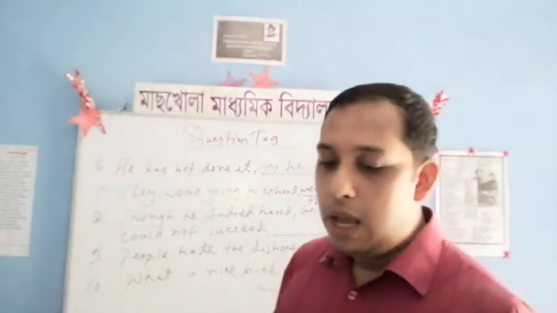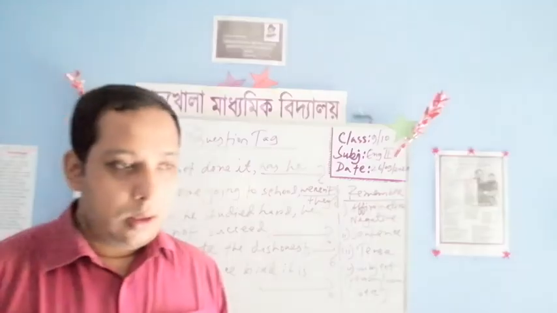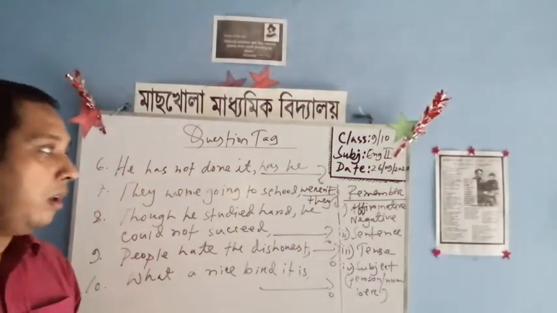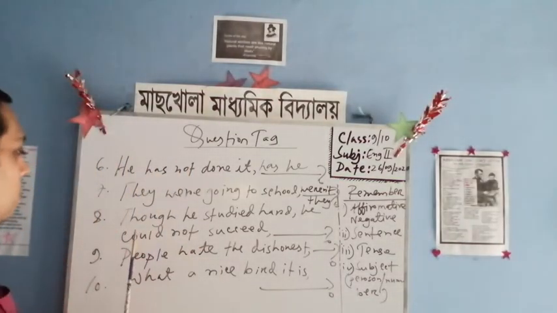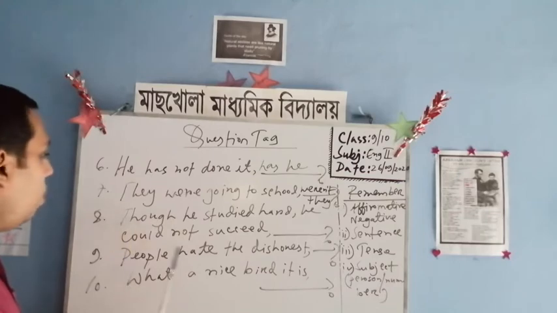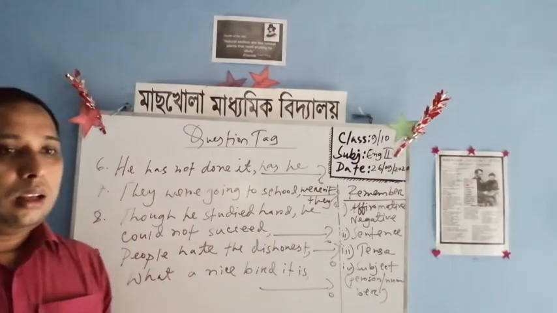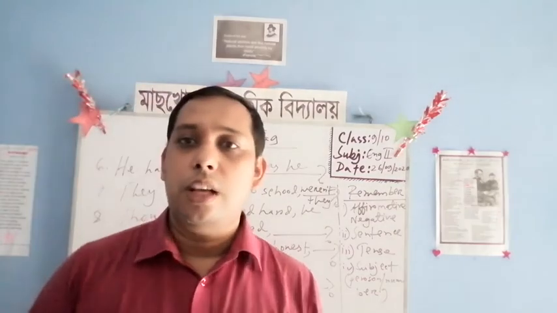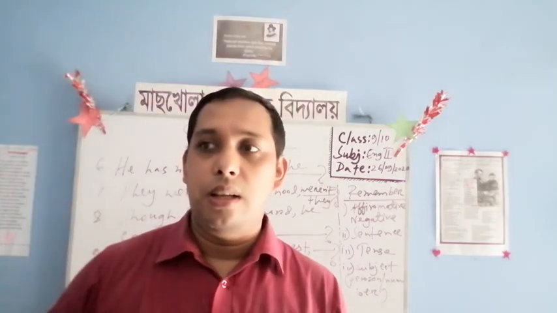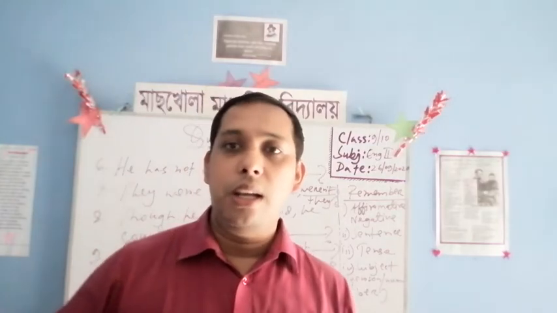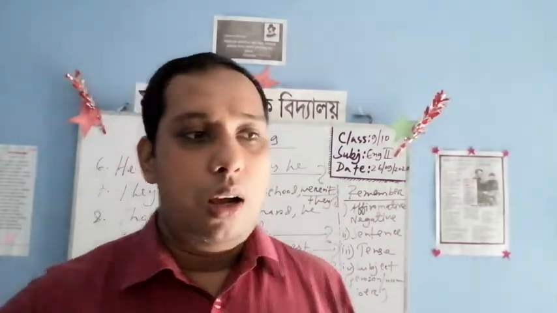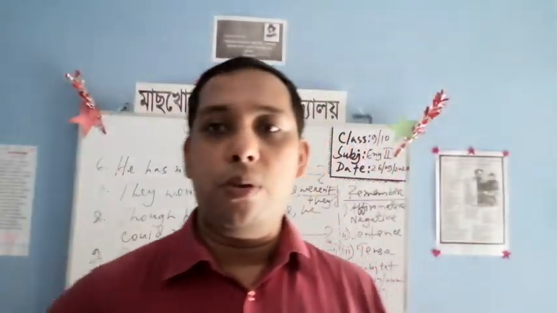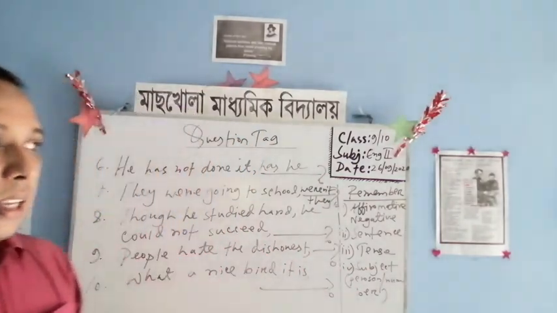If you say though he studied hard, the meaning is not complete. The expression is not complete. Someone wants to hear something more from you. So this is a subordinate clause.